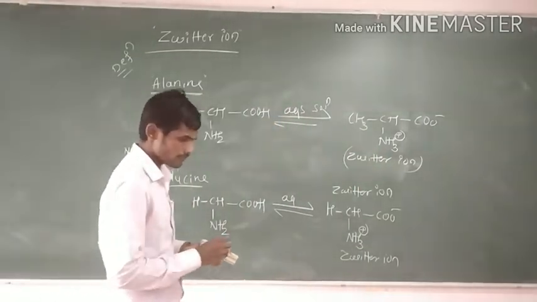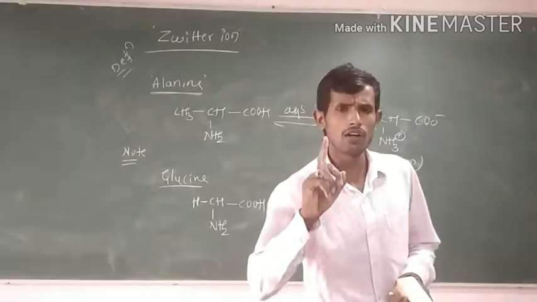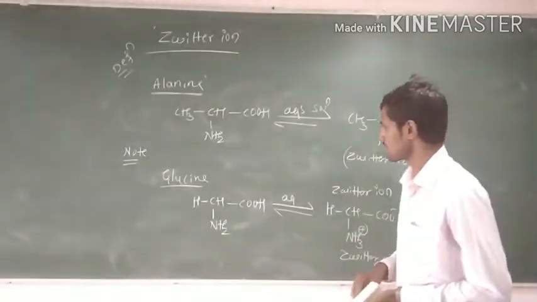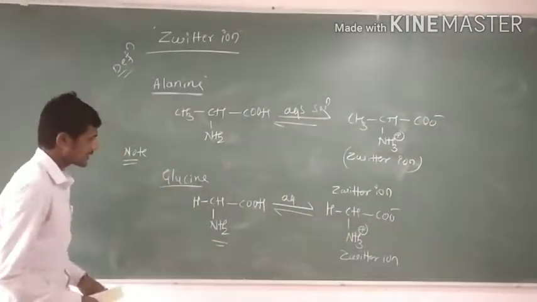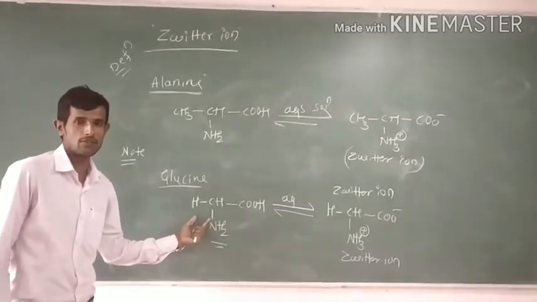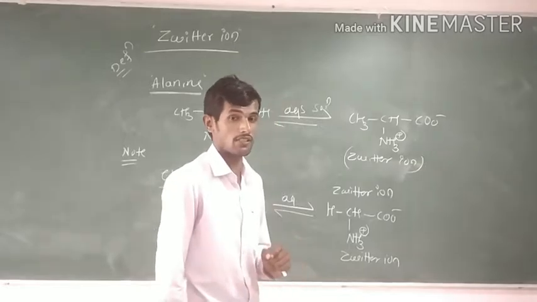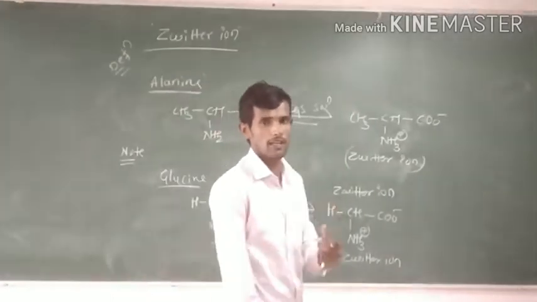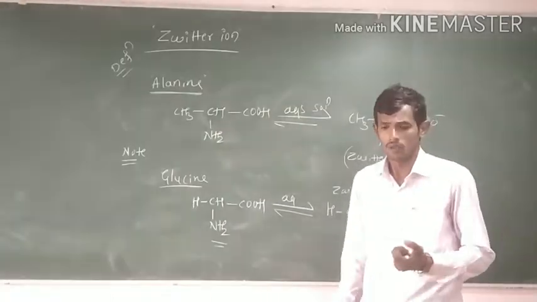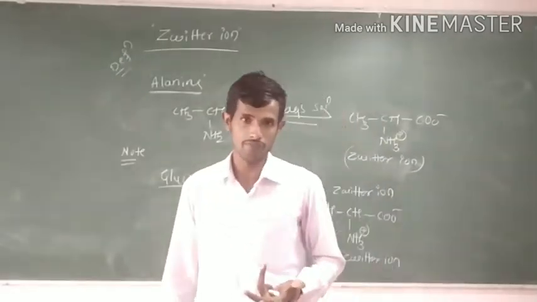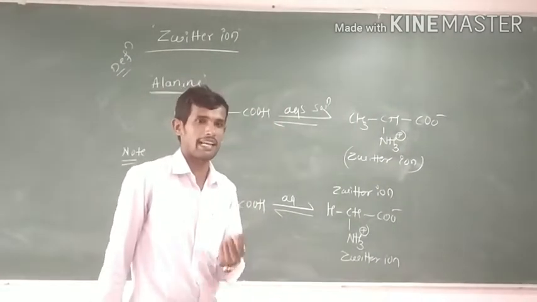Next, students, you know, among those 20 amino acids, this glycine only is one of the optically inactive amino acids, but others are optically active amino acids. What is the evidence which shows the compound should be optically active?